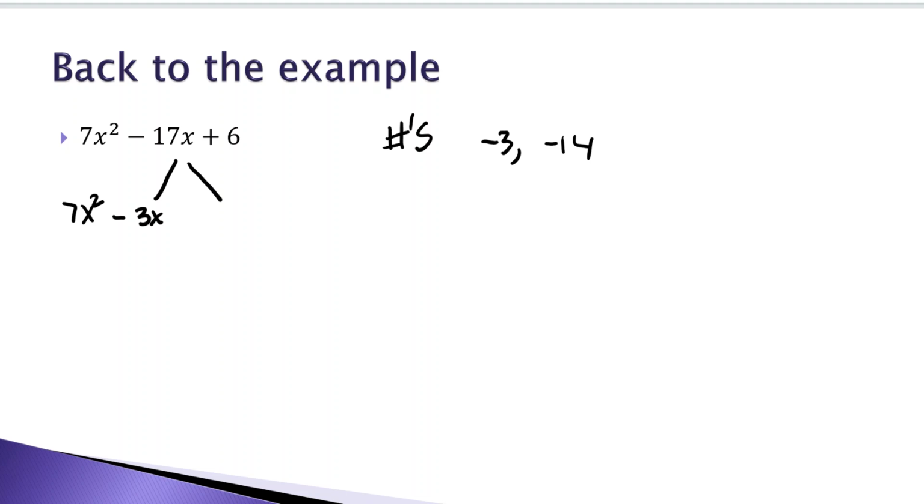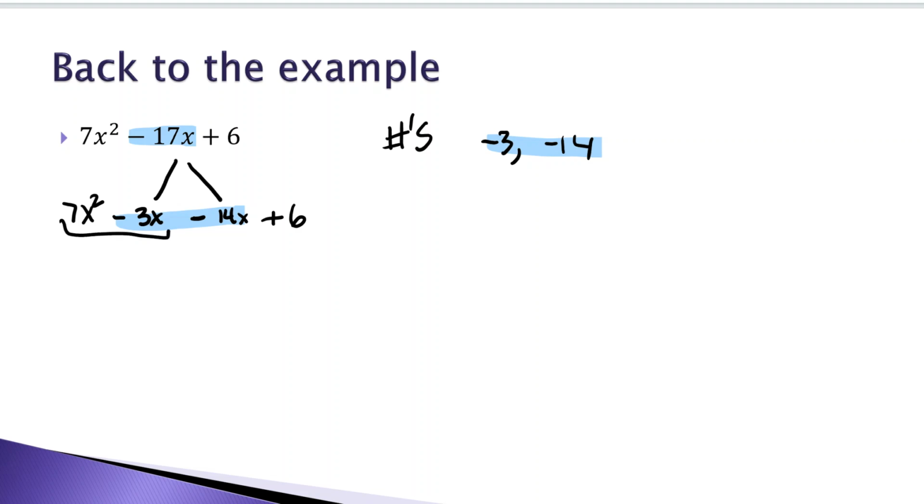I'm going to change that one to a negative 14x. And I'm going to keep my plus 6 at the end. So these two pieces came from there, but notice I didn't change the polynomial because they add up to negative 17. So no changes were made. I just rewrote it in a way that's going to help me undo the FOIL.